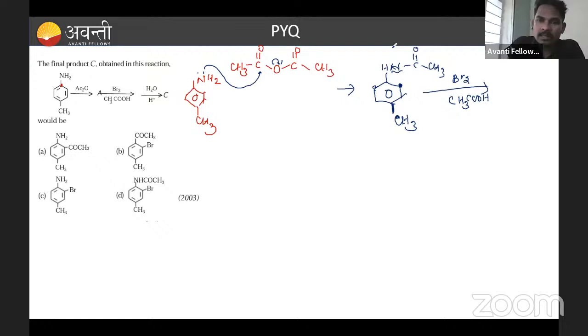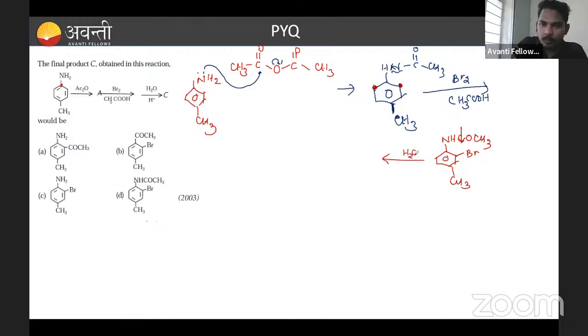These two are identical, the NH2 group here means identical, so we'll add bromine here. What is the product we'll get? The next product we'll get is this one: NH, this is CO, CH3, and we're adding bromine here, again CH3. After that, we're adding water.